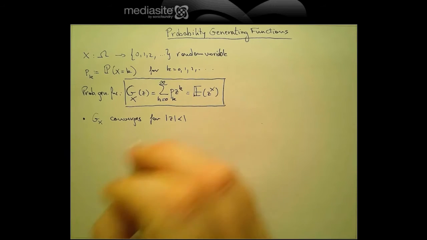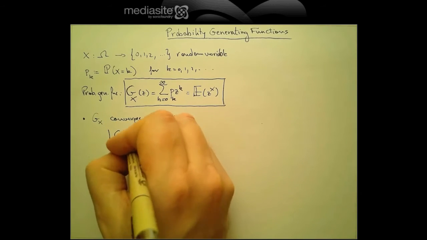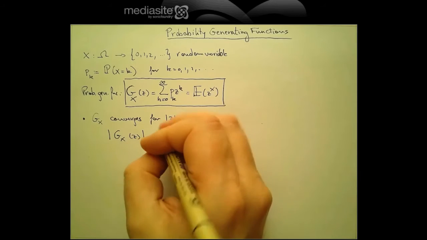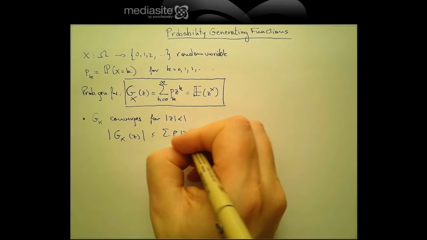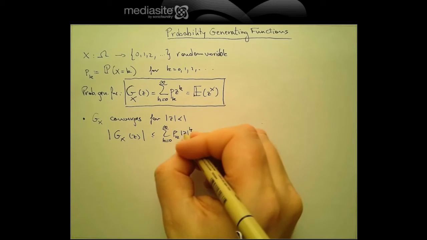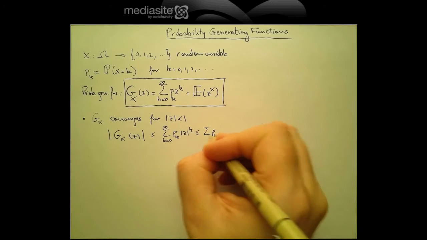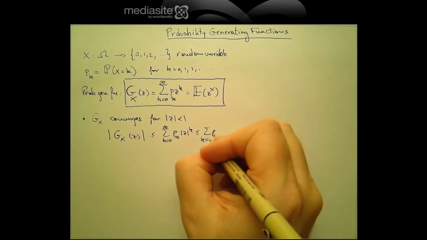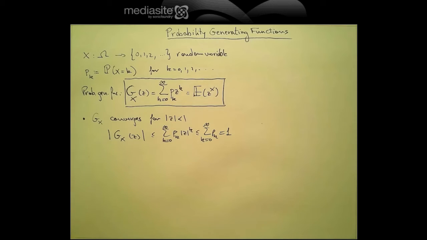This can be seen easily using the triangle inequality, because you can put the absolute values inside, and then when |z| is less than 1, that will be less than the sum of p_k, which adds up to 1. Right? So that's the first property.